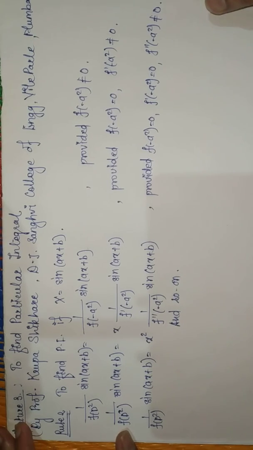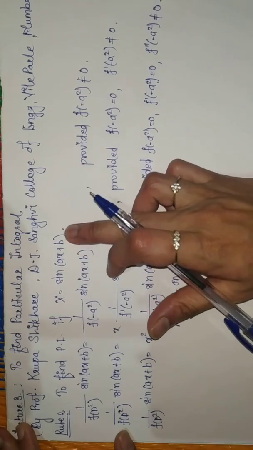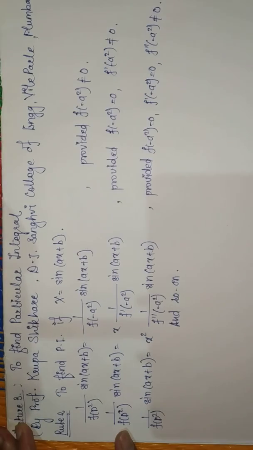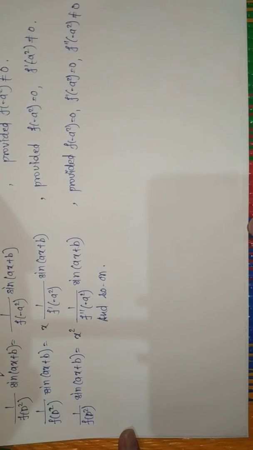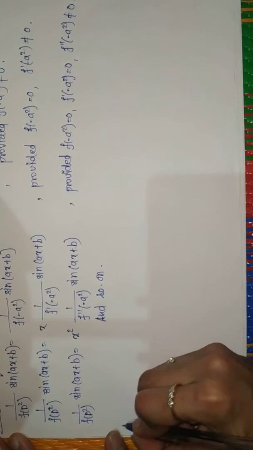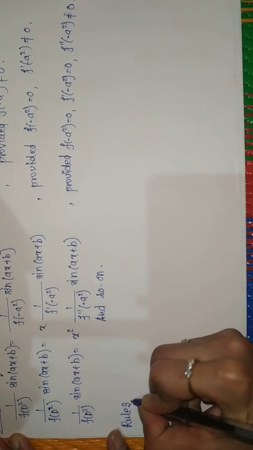Okay, so we had done this rule for sine of ax plus b. On the similar line we can write for cos of ax plus b. So this will be my rule number 3.